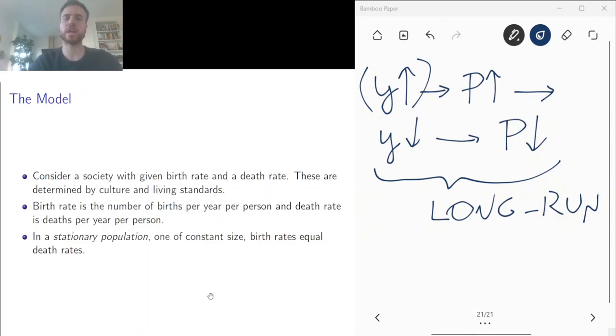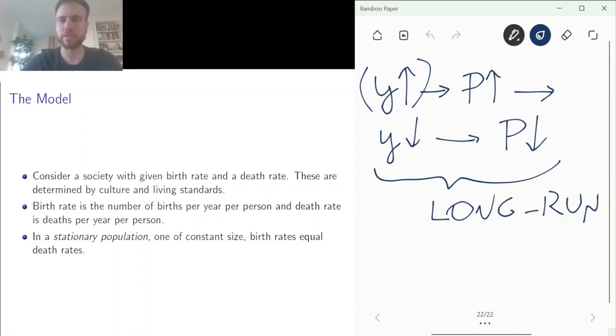There are some societies in which, because of their culture, women have more babies, and some where they have fewer. We define birth rates as the number of births per year per person and death rates as the deaths per year per person. A stationary population is a population of constant size in which birth rates equal death rates.